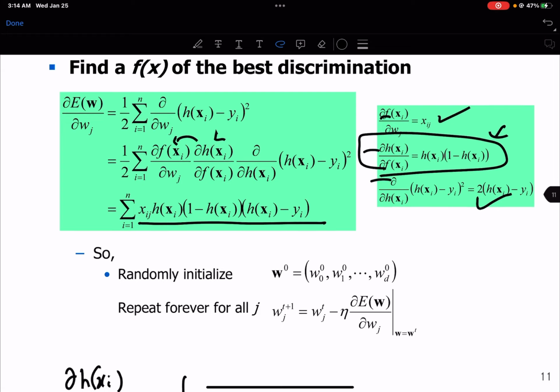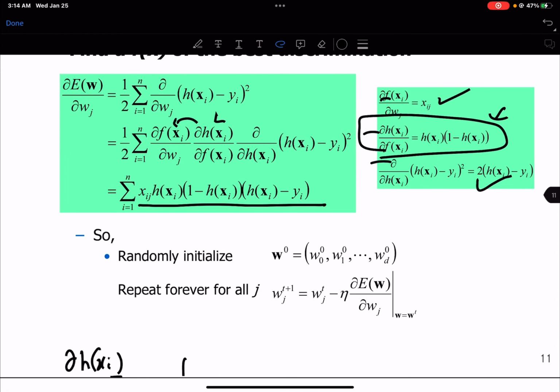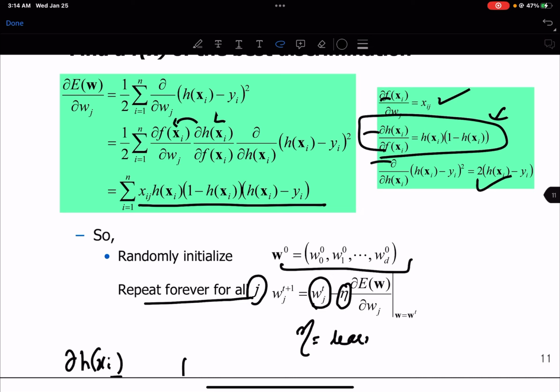And in order to solve gradient descent, we have to randomly initialize them, random normal initialization. At any point you can start. For now, your understanding is enough that you can start at any point and then repeat forever for all j until a criterion is met. So this is your first w_j, then eta is your learning rate, and then you find the partial such that w was equal to w_t.